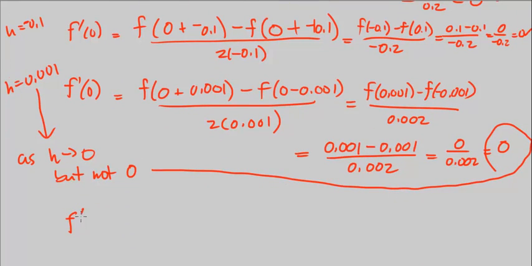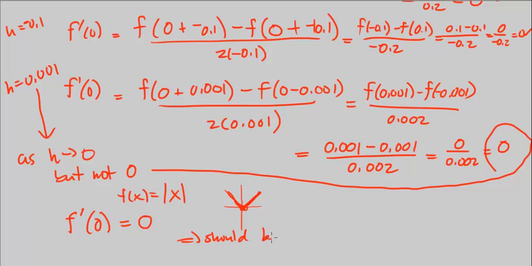Our estimate of f prime of 0, when f(x) is our absolute value function, using this method is always going to be 0. Even though we know this is the absolute value function, going down here the slope is negative 1, on this side it is positive 1, and at the point in the middle, the vertex, it is not differentiable at x equals 0. So f prime of 0 should be not defined.